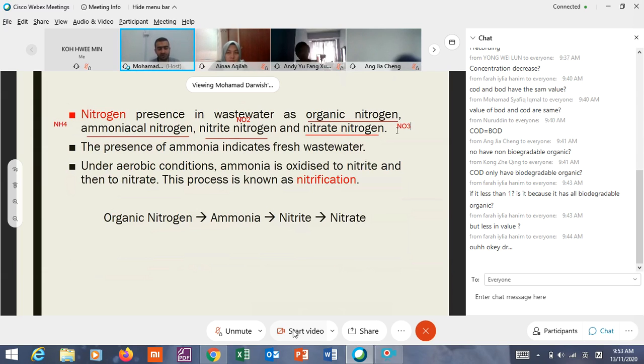So under aerobic conditions, the ammonia will be oxidized to nitrite and then to nitrate. This is under the aerobic condition, and that process we call nitrification.